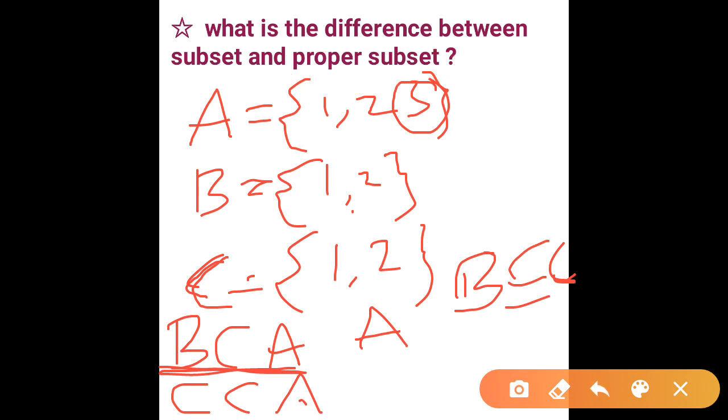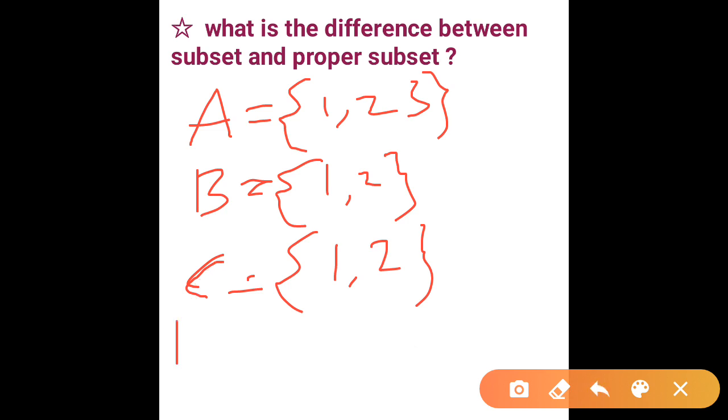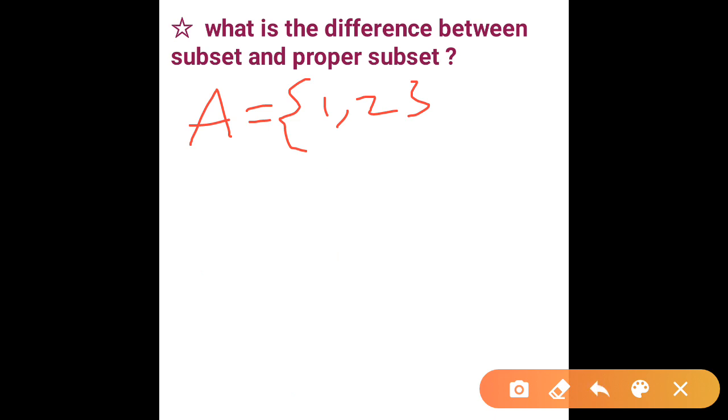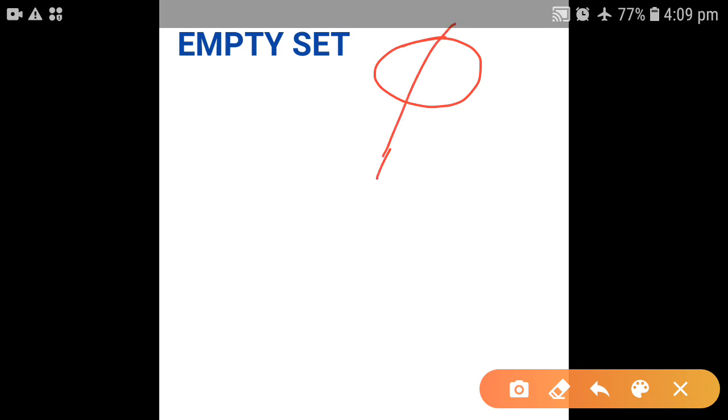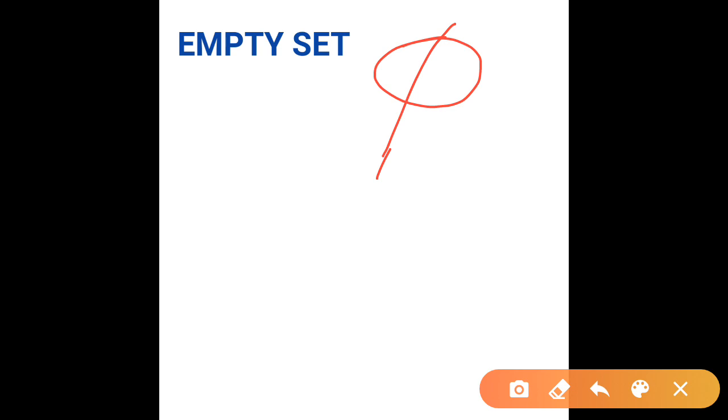So that is the difference between subset and proper subset. The next one, empty set. It looks like a sign or symbol.